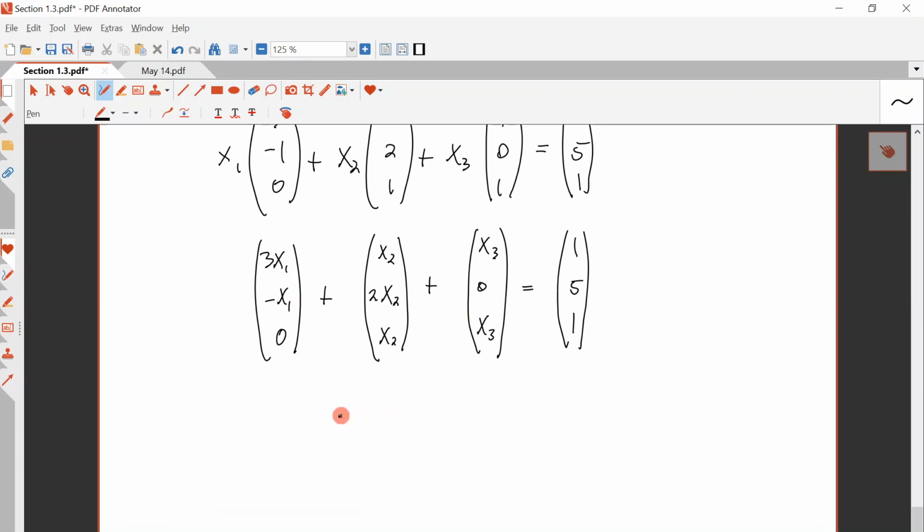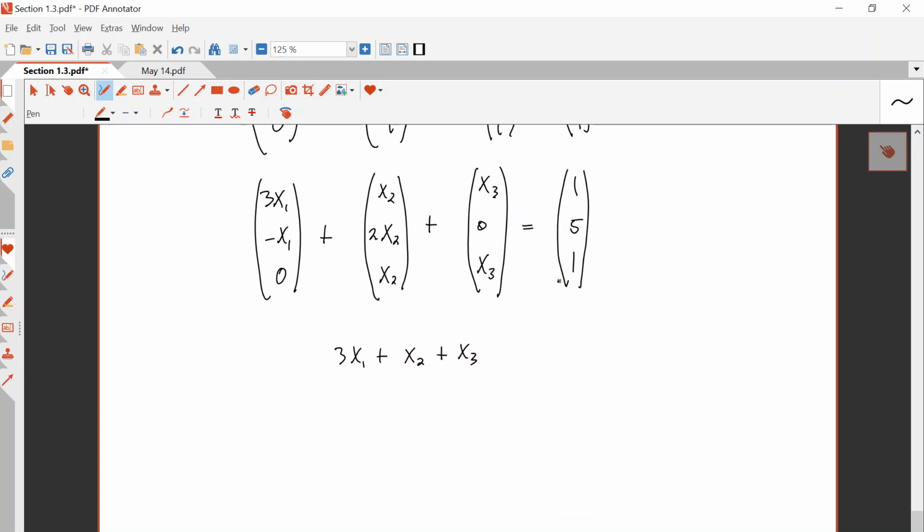It's 3x1 plus x2 plus x3 in the first component, -x1 plus 2x2 plus 0 times x3, and then on the bottom it's x2 plus x3. So these three vectors sum to this vector, and you want that vector to be equal to (1, 5, 1).